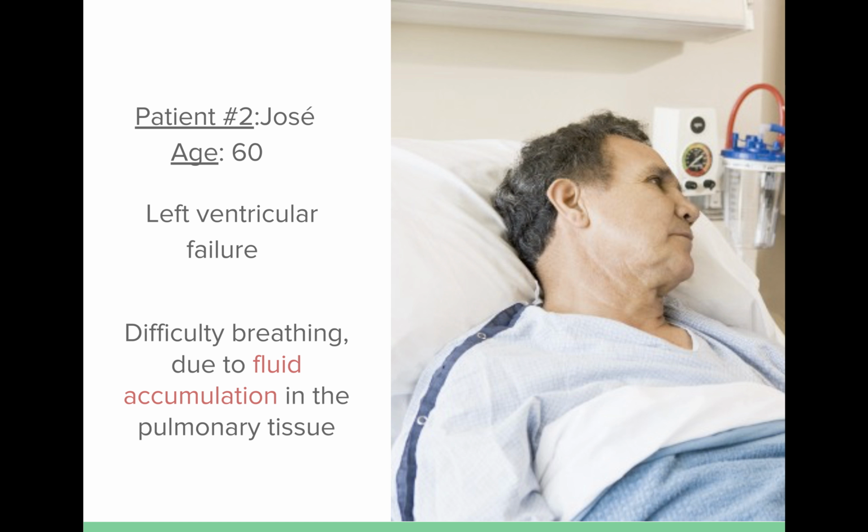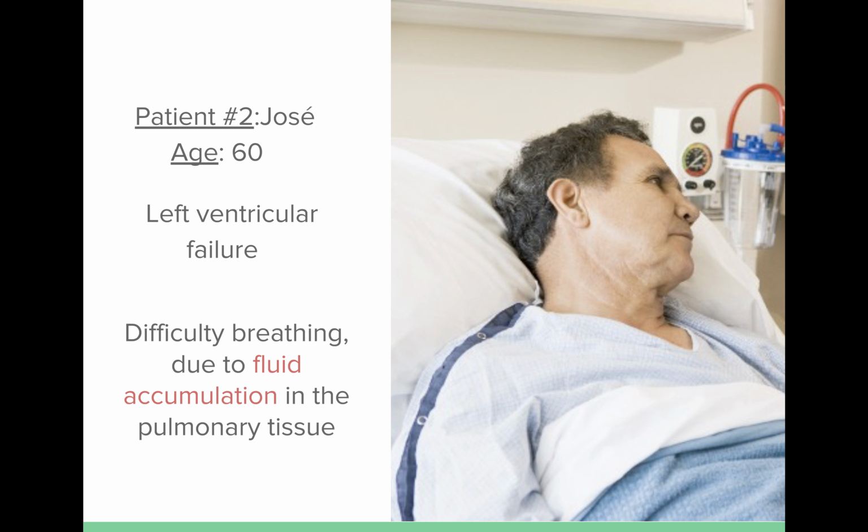But let's look at Jose's, because I wanted to show you some pretty interesting examples of these changes in hydrostatic pressure and how we can use it to diagnose heart failure, but also which side of the heart has failed. So with Jose, we saw that it was his left ventricle that was the problem.